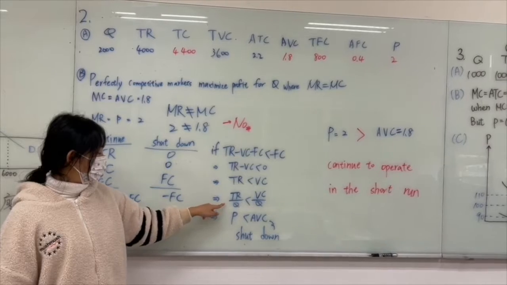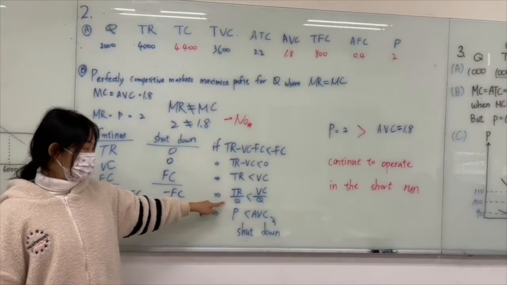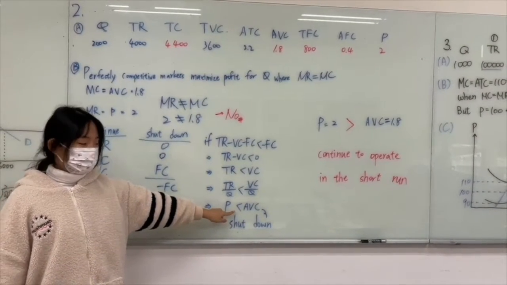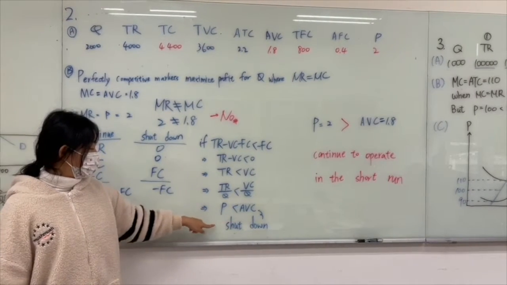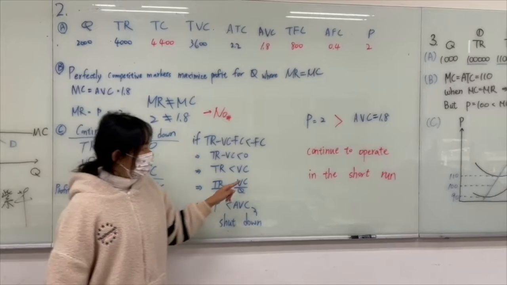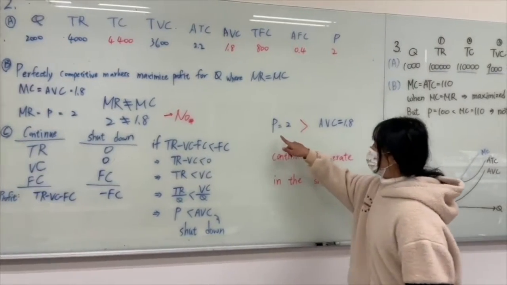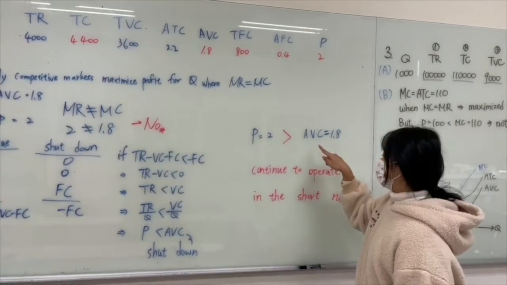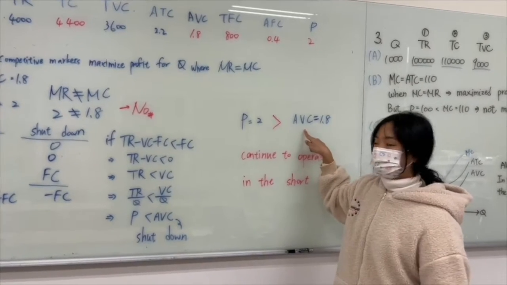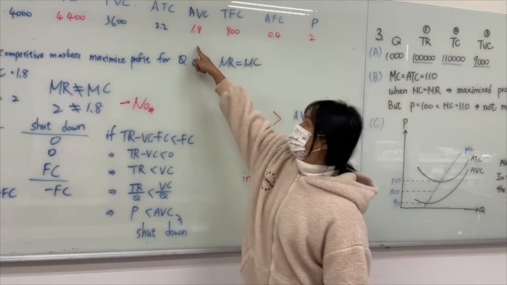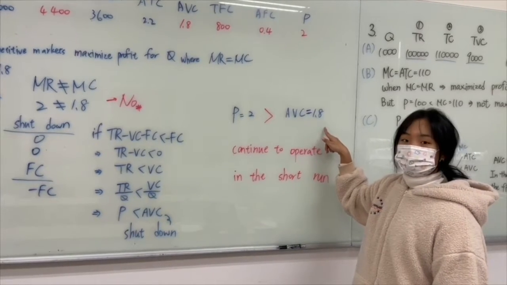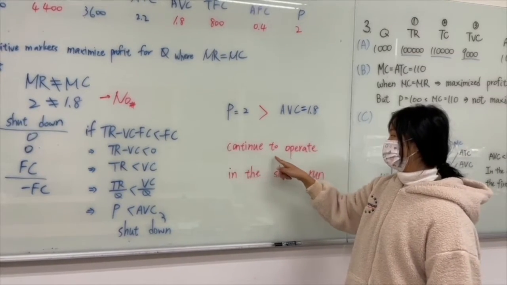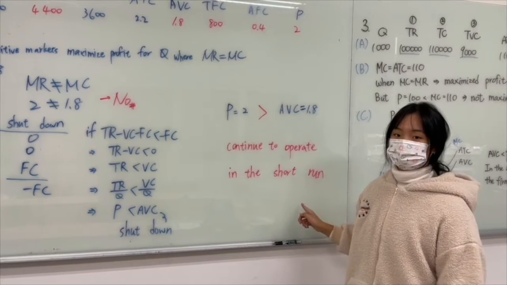If we divide it by quantity, we get price smaller than average variable cost, and the firm should shut down. But in this case, price is 2 and average variable cost is 1.8. So 2 is bigger than 1.8, and the firm should continue to operate in the short run.